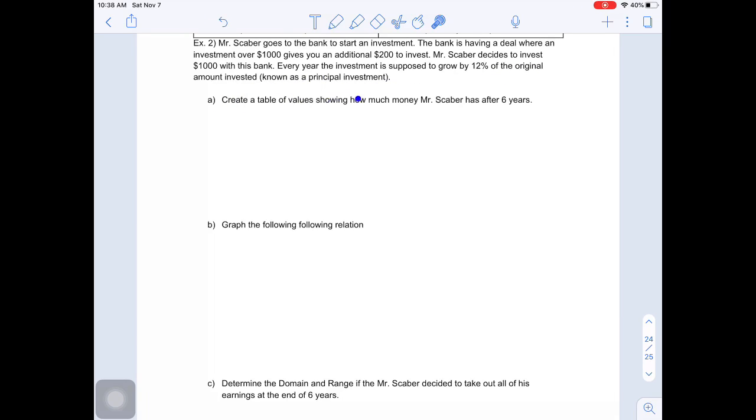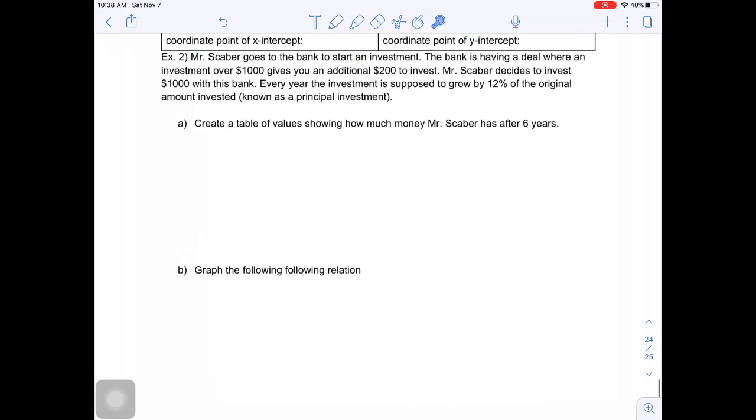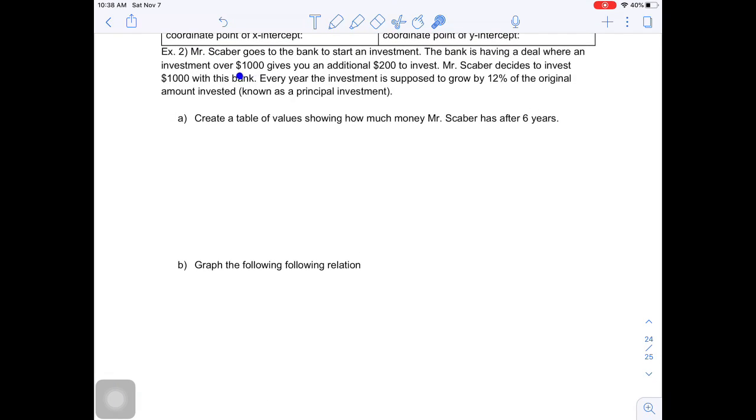And this is known as a principal investment, okay? So pretty much, no matter how long I keep it in, this thing's just going to keep growing based off of the $1,000. So let's create a table of values showing how much money Mr. Skaber has after 6 years.